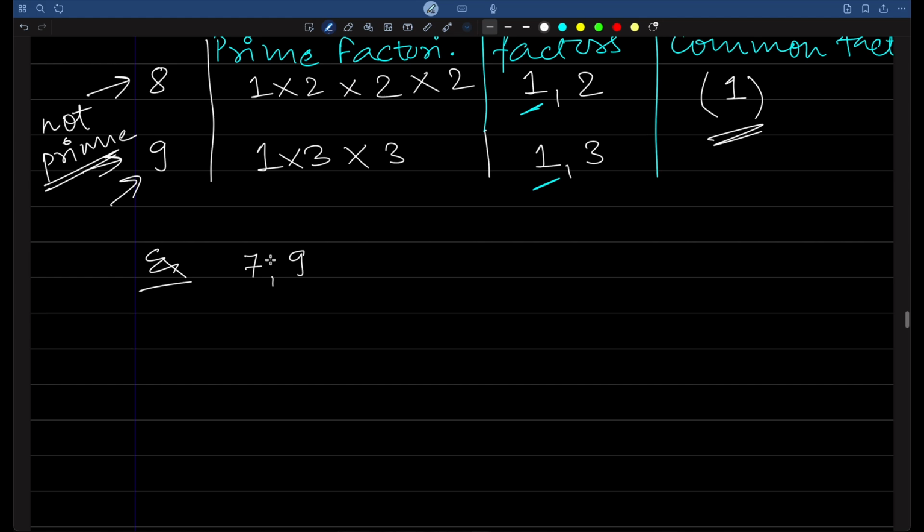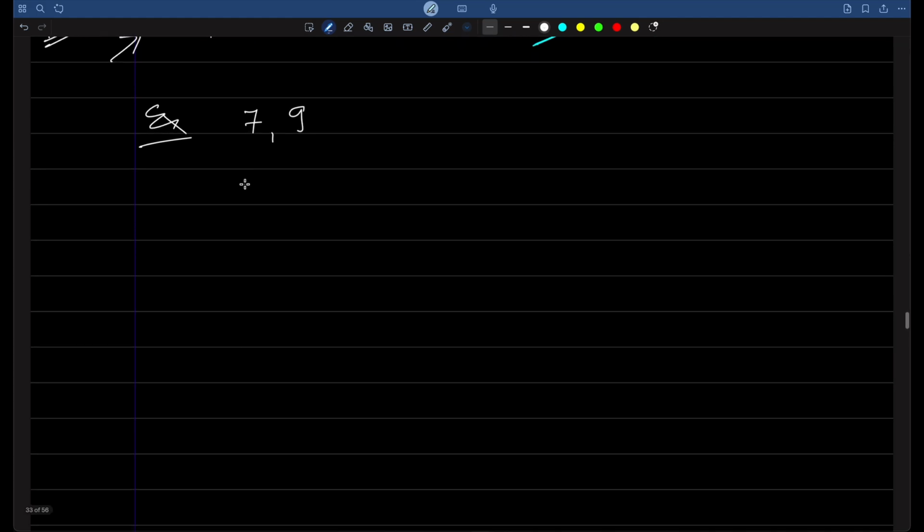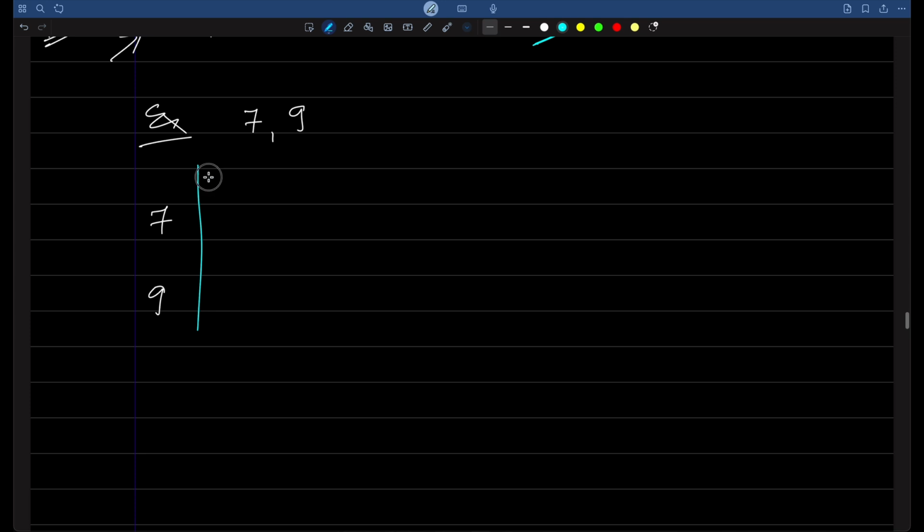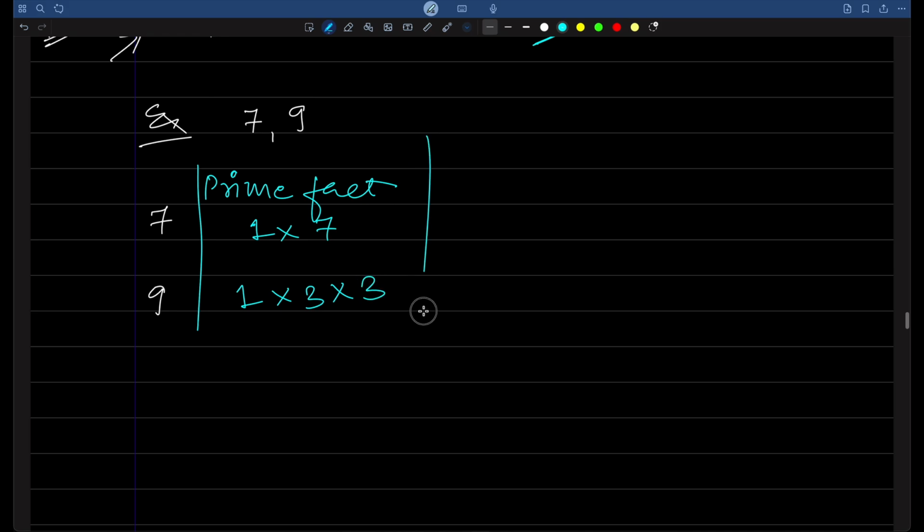7 and 9, then we have prime factorization of 7 is 1 into 7, and prime factorization of 9 is 1 into 3 into 3.